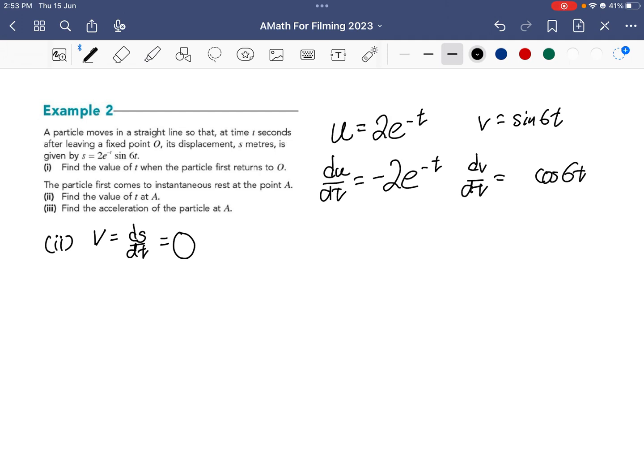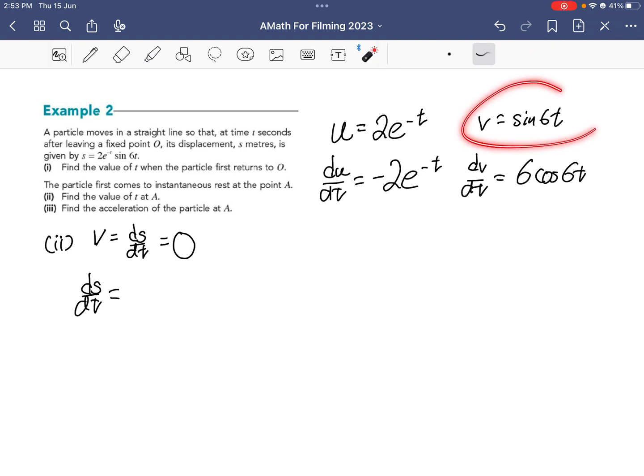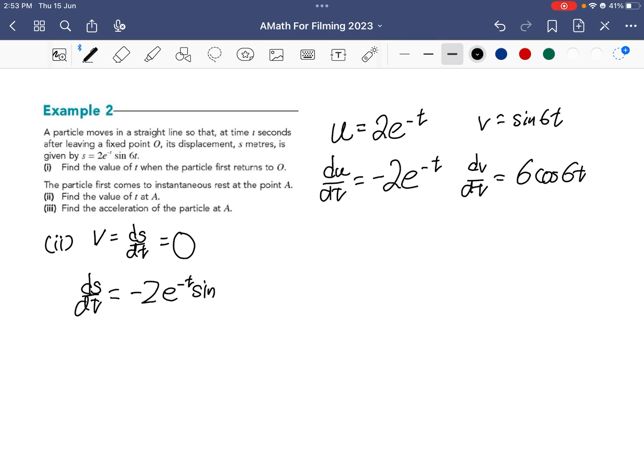Differentiating v with respect to t, sine differentiated becomes cosine, and you differentiate the 6t, so you put the 6 out front. Therefore, ds/dt, we apply the product rule: v du/dt, so negative 2e^(-t) sine of 6t, plus u dv/dt, so it's 12e^(-t) cosine of 6t.